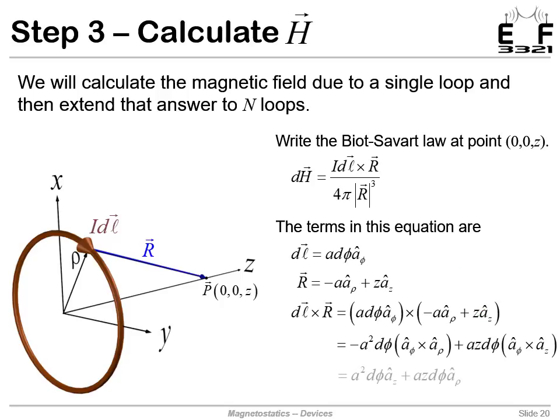Then that's easier to think through, and a_phi cross a_rho, that's a negative a_z, so we have an a_z here, and then the negative cancels with this negative and we have a positive. And then an a_phi cross a_z, that's a positive a_rho. So now we have dl cross r.